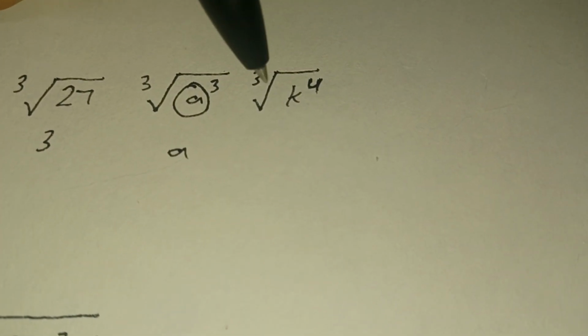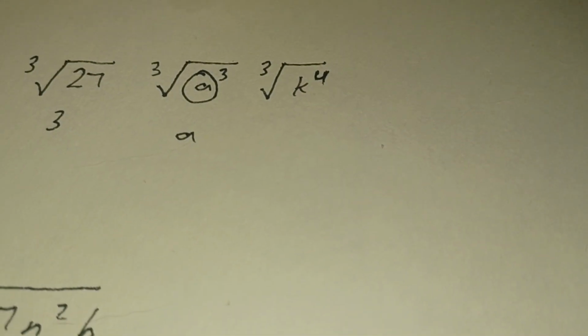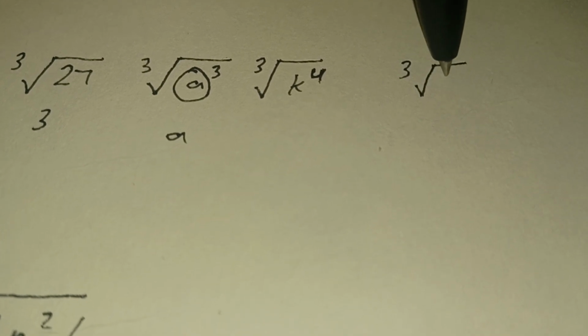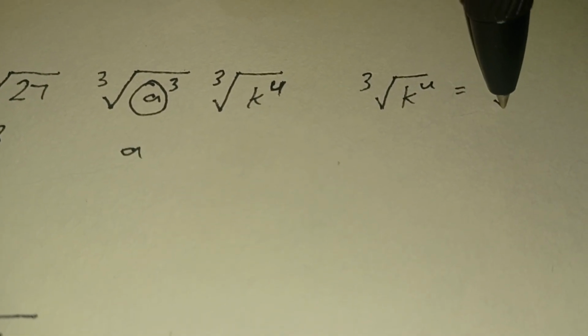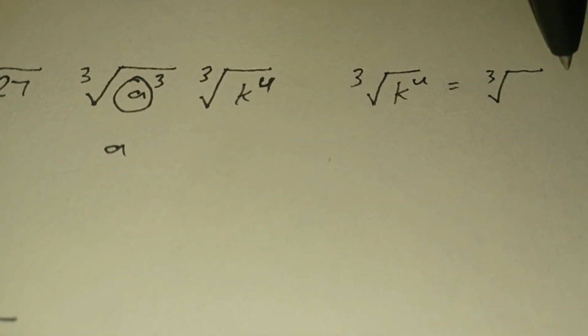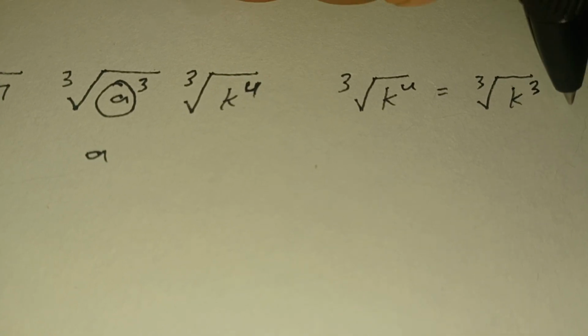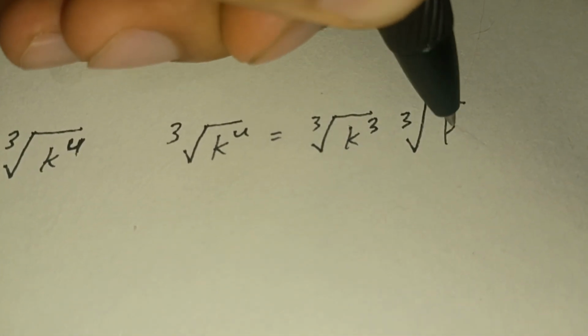And now this one, we can rewrite the cube root of k to the fourth power as equal to the cube root of k to the third power times the cube root of k.